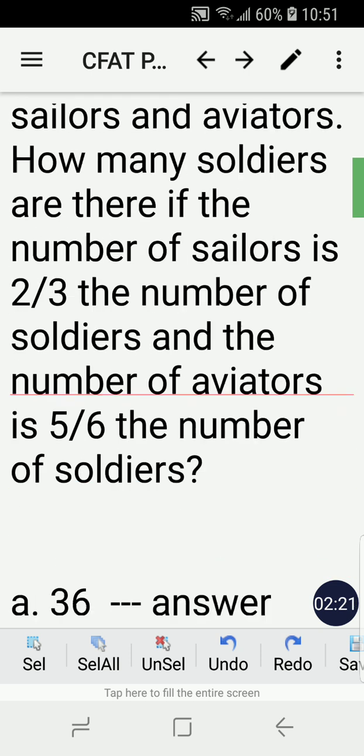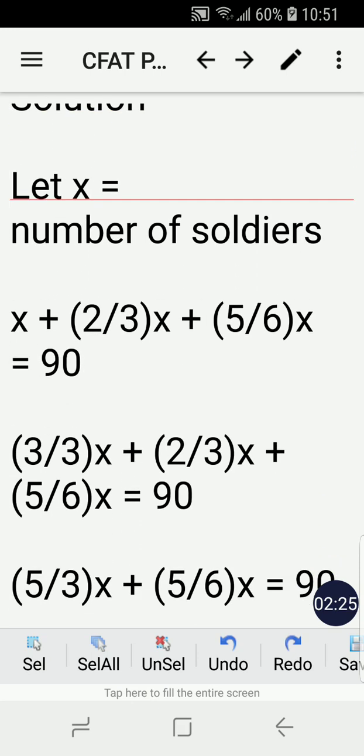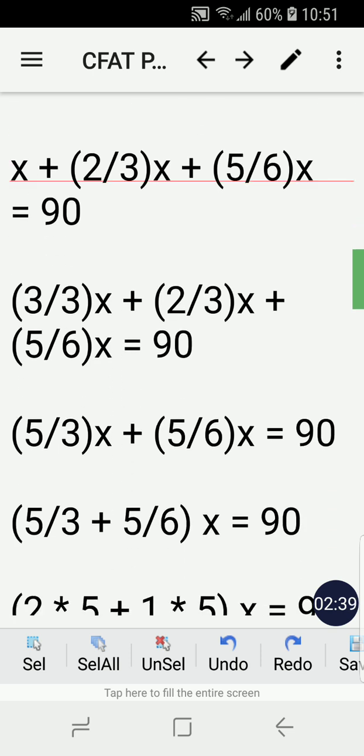Okay, right there. So then if we add all of them, it should equal 90. So then we have x plus 2/3 x plus 5/6 x is equal to 90. Then we need to change x into a fraction form, and we can do that by inserting 3/3, which is 1.